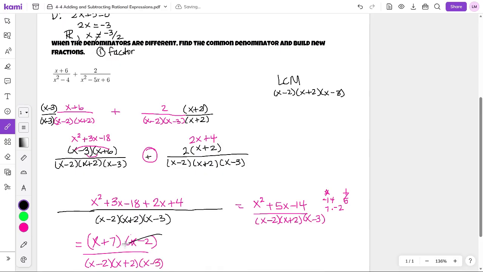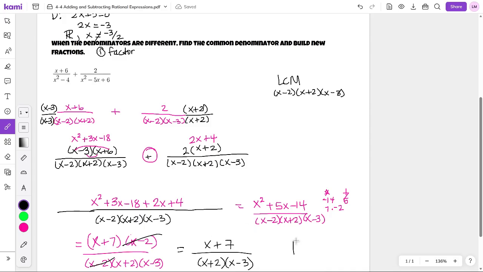And I can get rid of the x minus 2. So I have x plus 7. I don't need parentheses because there's only one. I do on the bottom. x plus 2, and then x minus 3. All right, so that's my final answer.